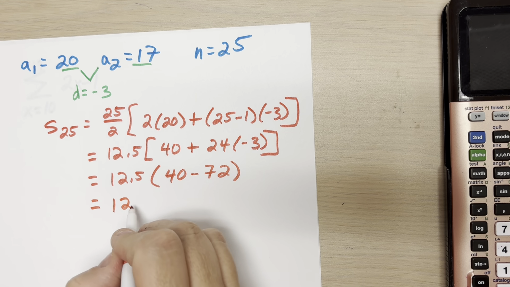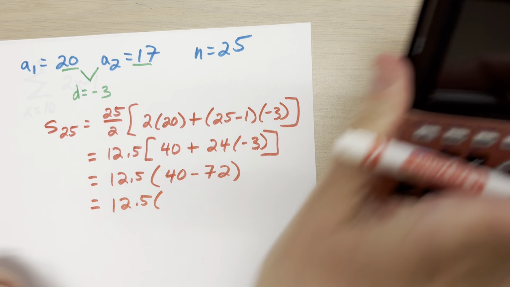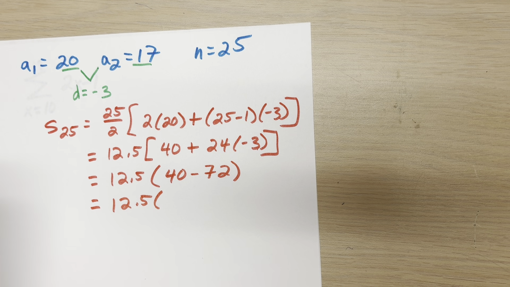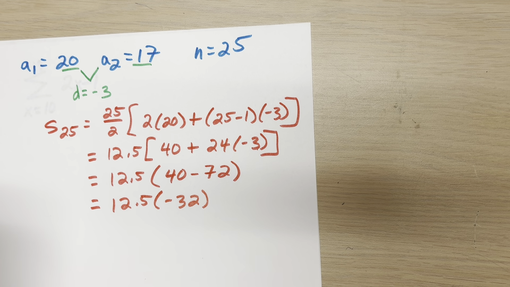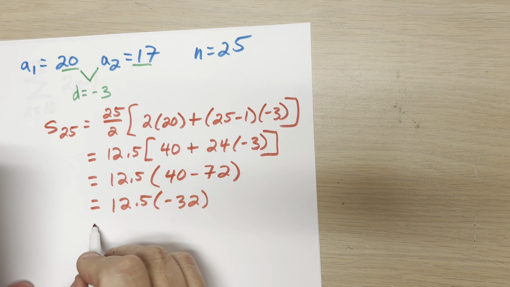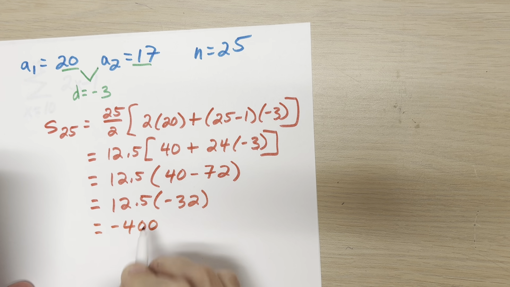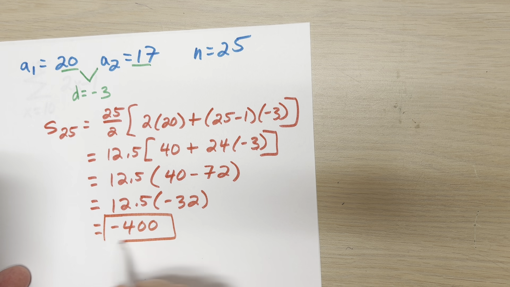All right, and this is the point where I'm just like, it is too late in the day. So let's see, 40 minus 72 is -32. I will multiply that by 12.5 to get -400.